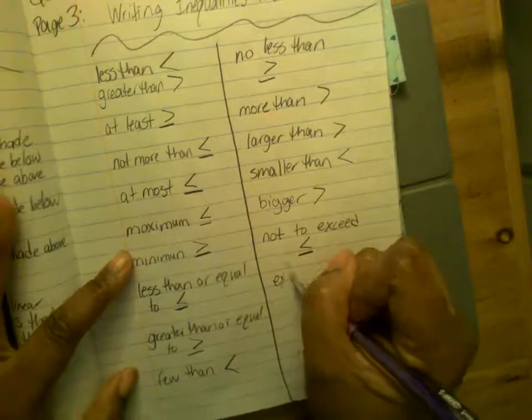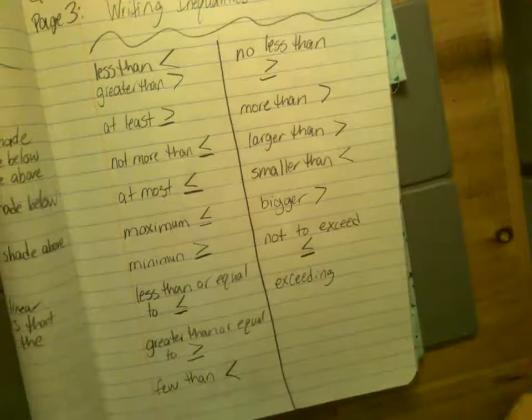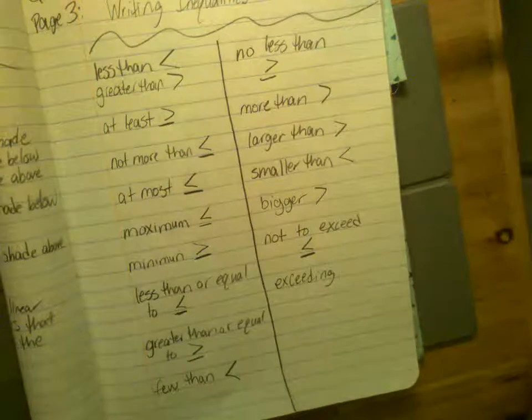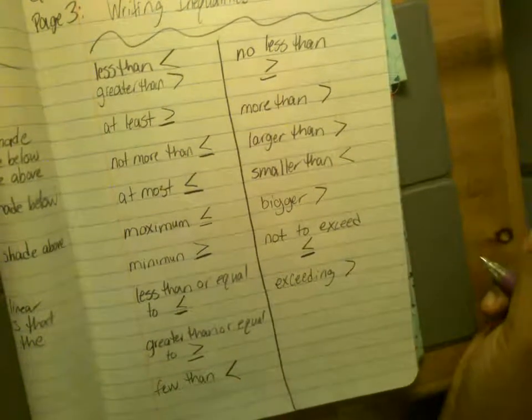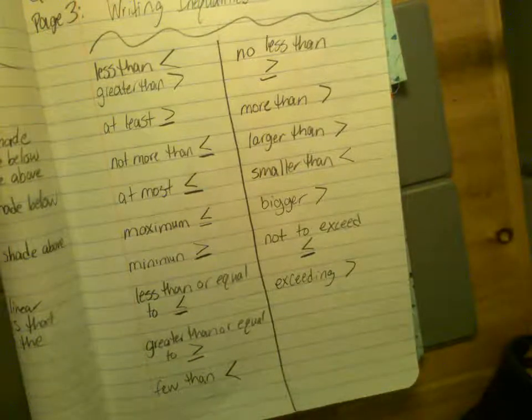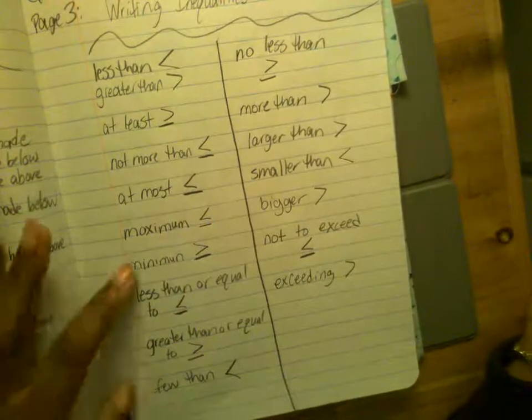Then you're using the word exceeding. Well, if it's exceeding past $15, then it has to be greater than $15. Not equal to $15, but greater than, because it is exceeding past that. So it's not going to be exactly $15. It's going to be more than $15. Exceeding.